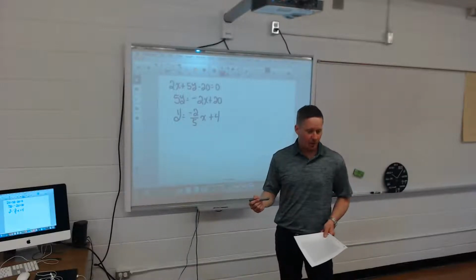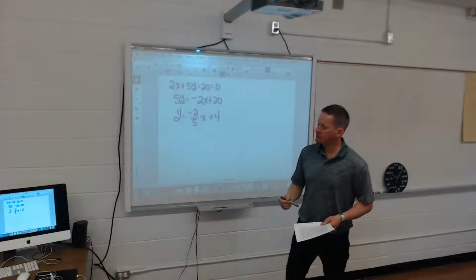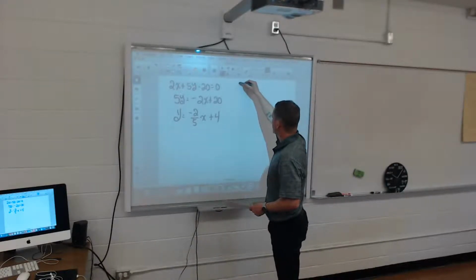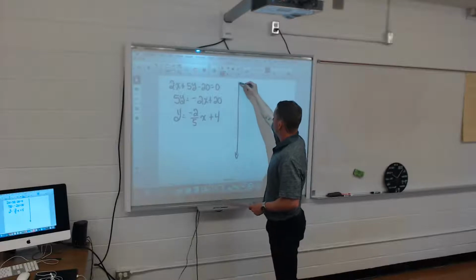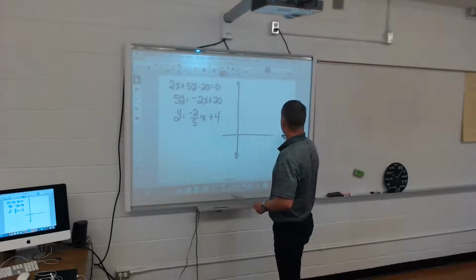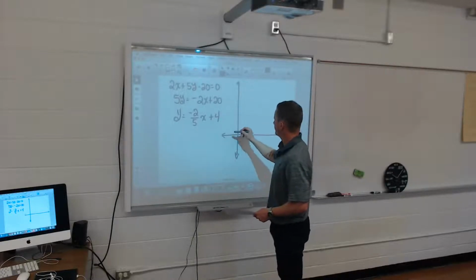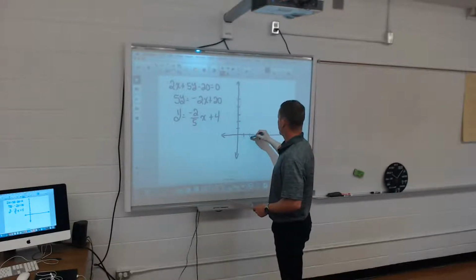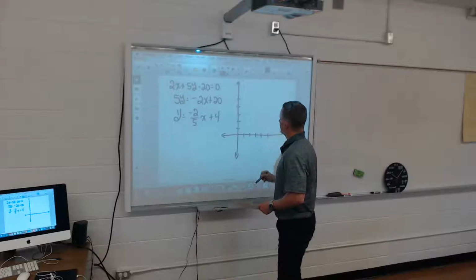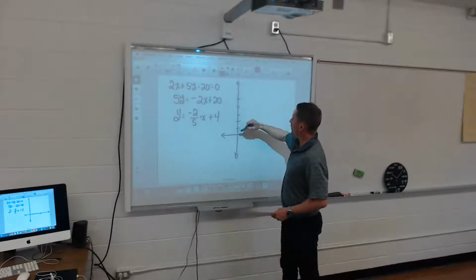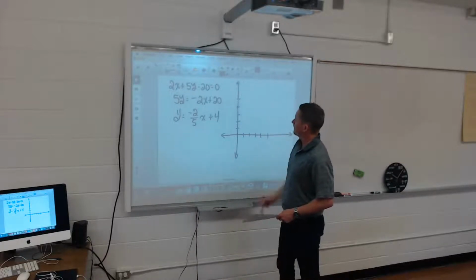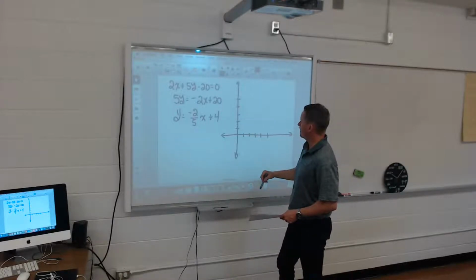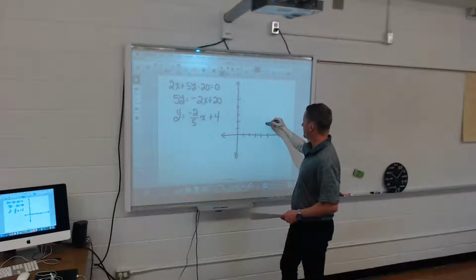Okay? So now my y-intercept is 0 and 4. That's my starting point. And my slope tells me to go down 2 and right 5. So I go to 0 and 4. It's my y-intercept. I go down 2 to right here, and then right 5 over to here.